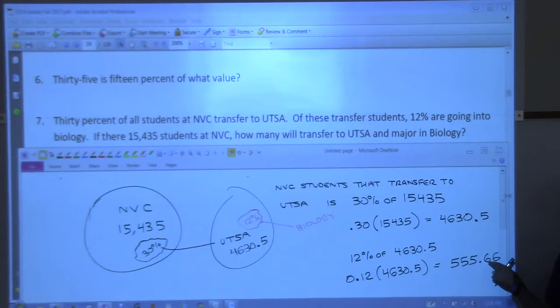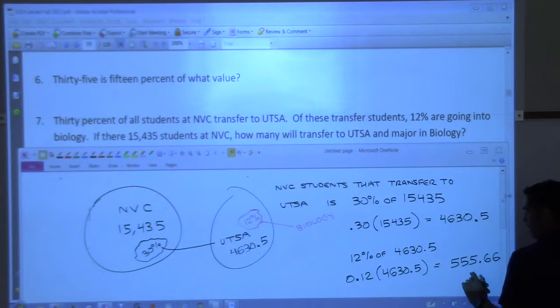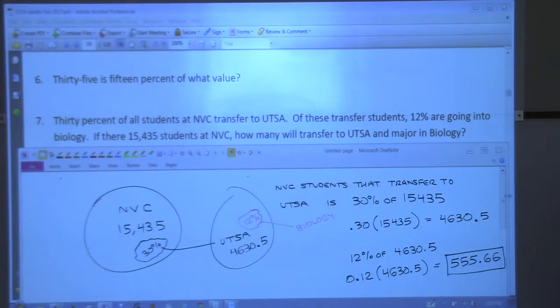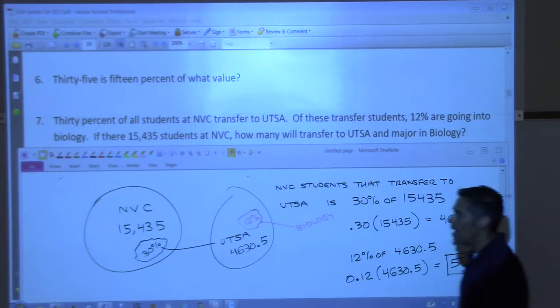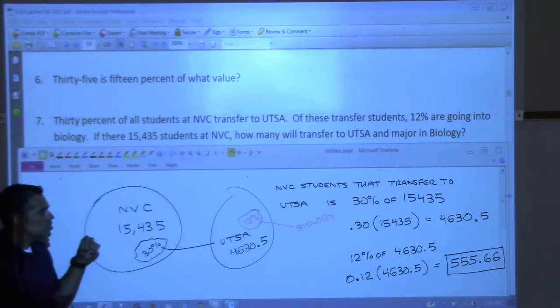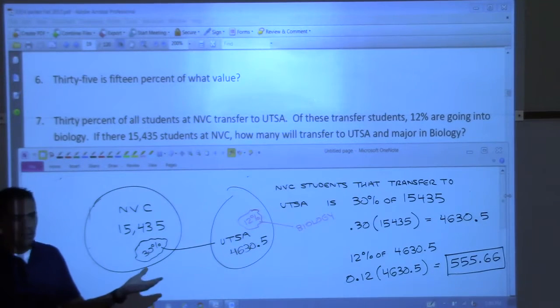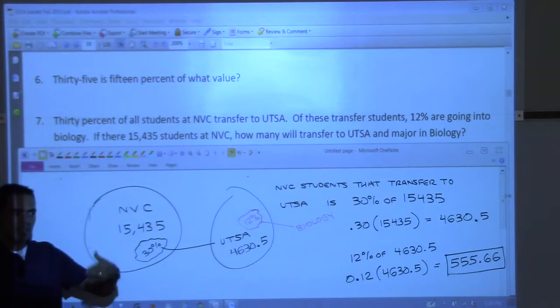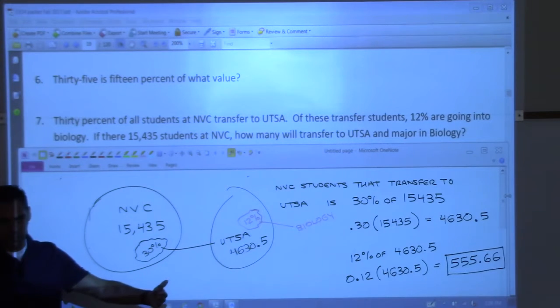So again, we have a little bit more than half a person here. And that's it. Approximately 555. So of the 15,435 students at Northwest Vista, we should expect to see about 555 of them at UTSA as biology majors.